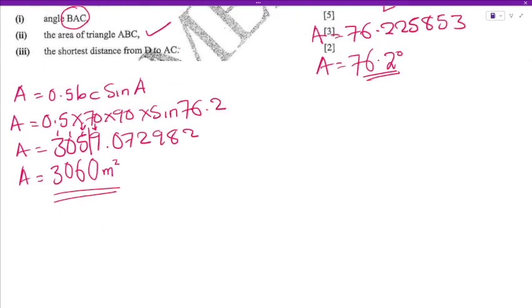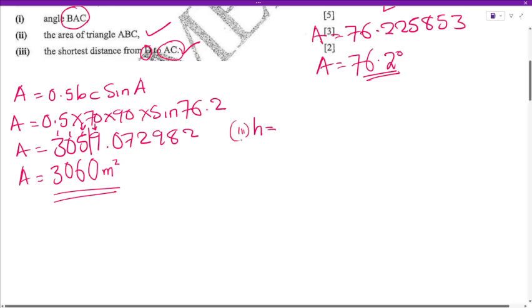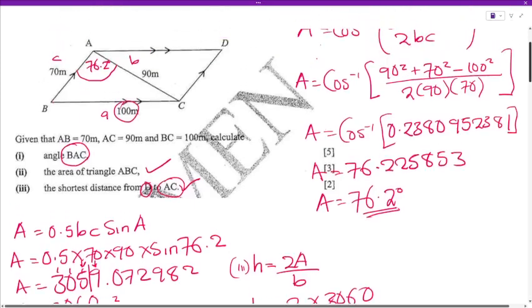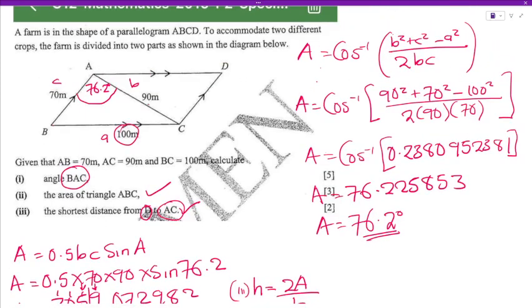We go to the next one, shortest distance from D to AC. The formula for shortest distance is 2A over b, where A is the area we just found, which is 3060, and b is the distance AC. We check our diagram: AC is 90.